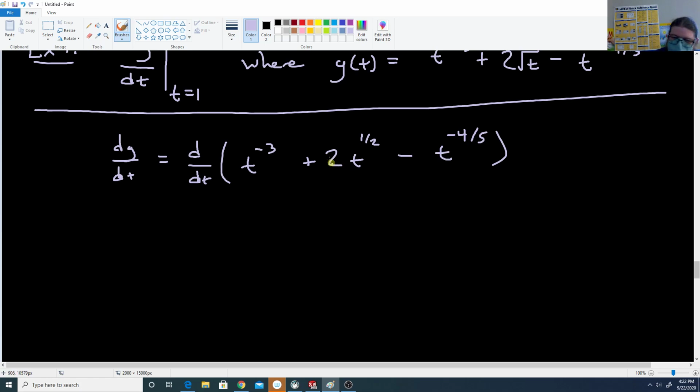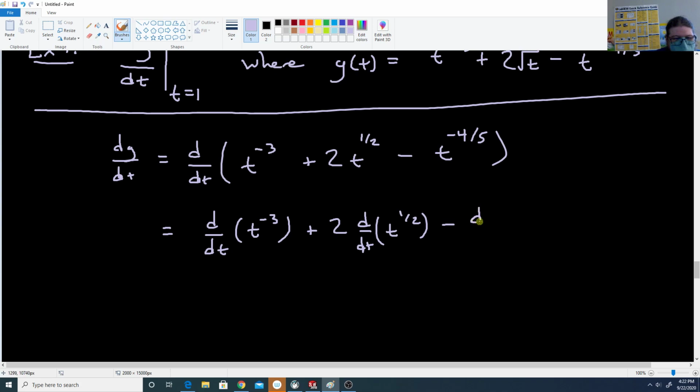And this constant multiple here, this 2, is going to be able to push out front of the middle derivative. So when I apply those derivative rules that we set up a little bit above, we're going to get the derivative of t to the negative 3 plus, let the constant multiple go out front, the derivative of t to the 1/2 minus the derivative of t to the negative 4/5.